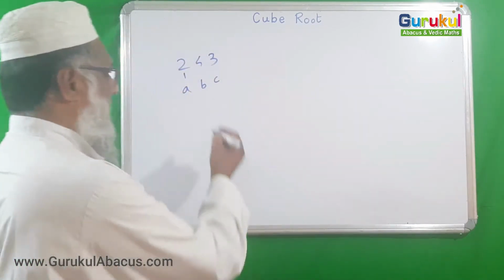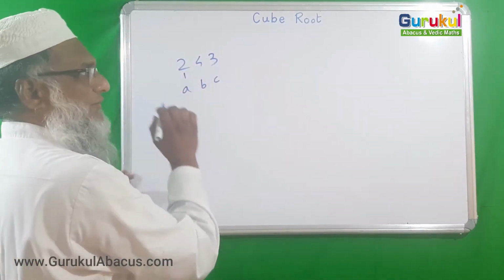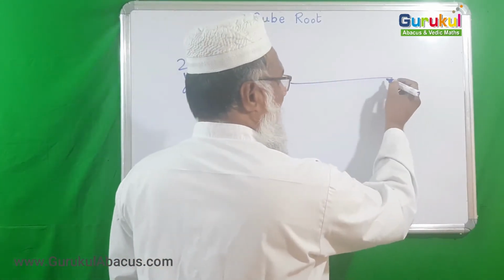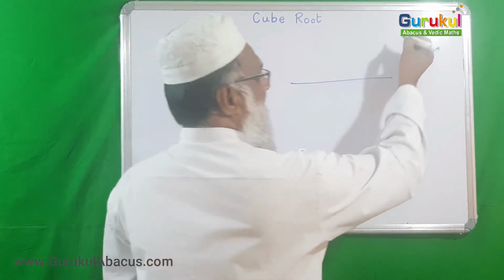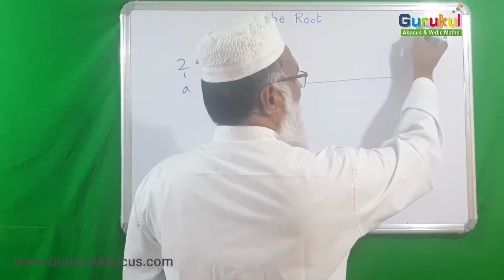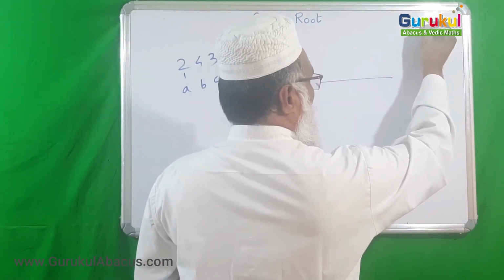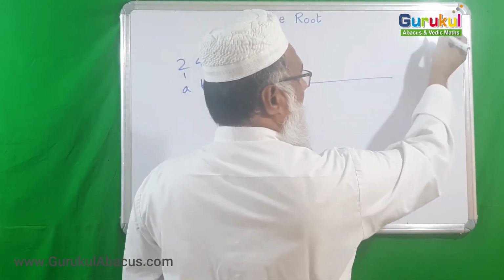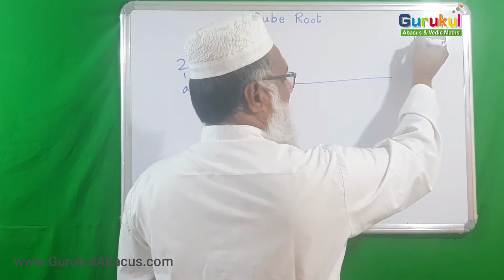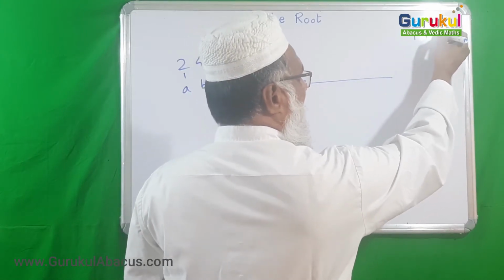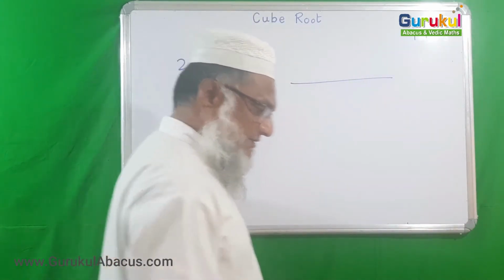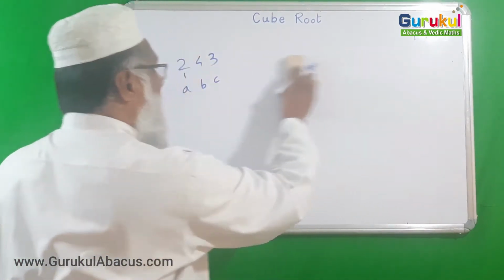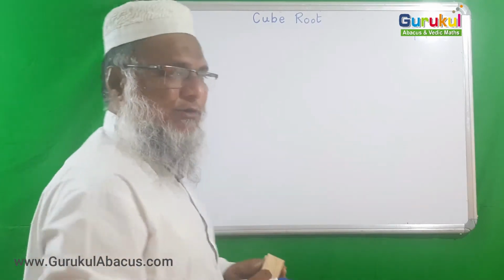Suppose any number is given and its cube root is 3 digits, then those digits would be A, B, C: first digit A, second digit B, and third digit C. We are just imagining this to find a formula for the middle digit of the given cube root.